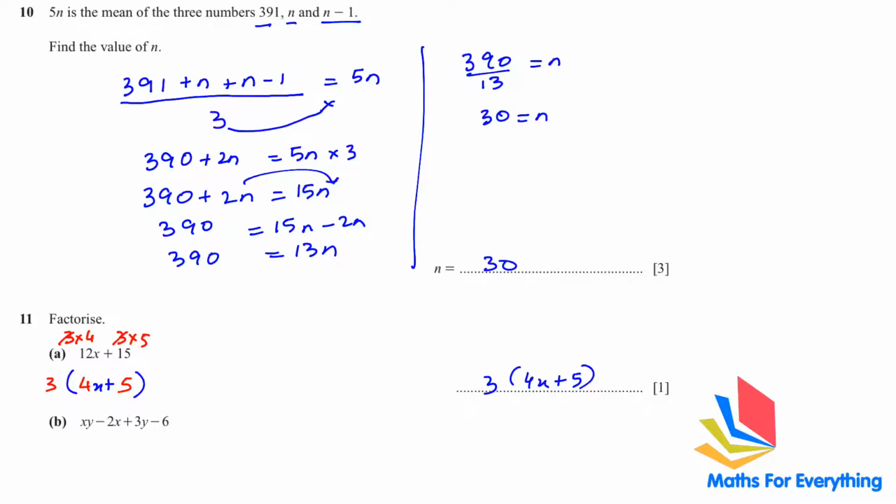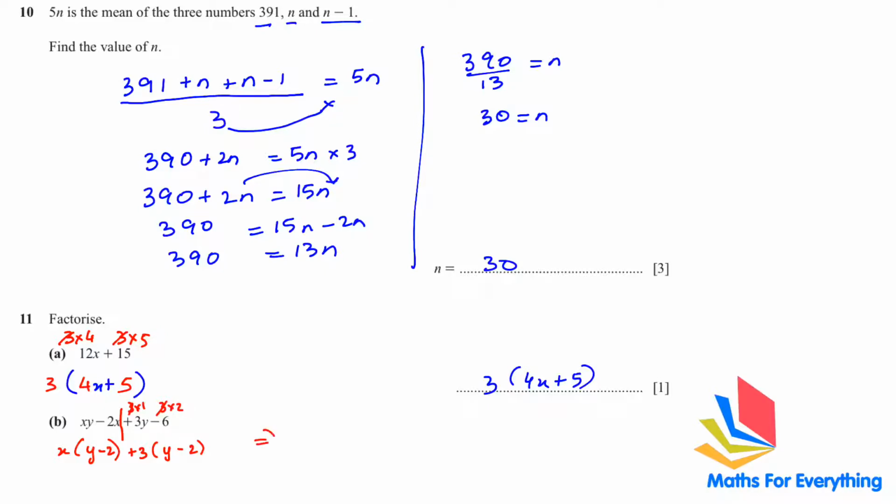The next part of the question, we have to factorize. Whenever we have 4 terms, break it into 2 terms, okay? What is common here? Now you can see very clearly it is x. So you have y minus 2. And what is common here? Plus 3. Because 3 times 1 and 3 times 2 will give us 6. The 3 we remove out. We'll be left with y minus 2.